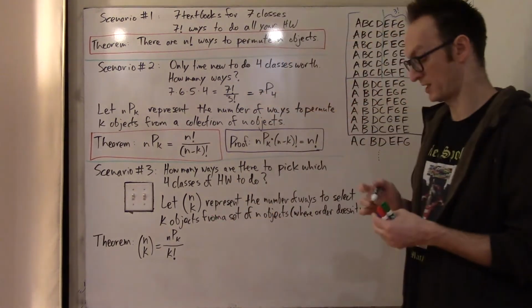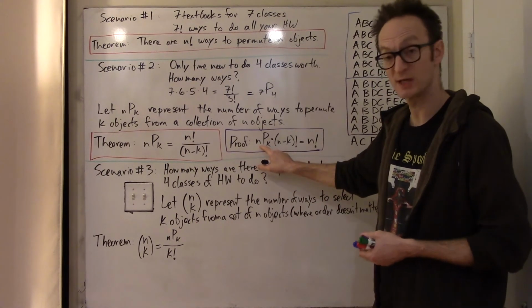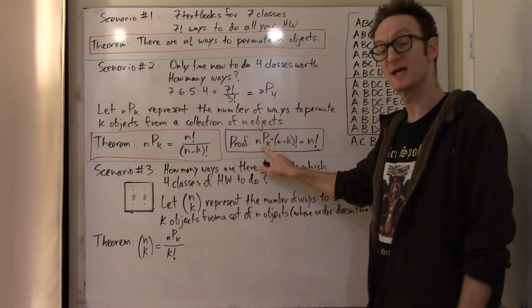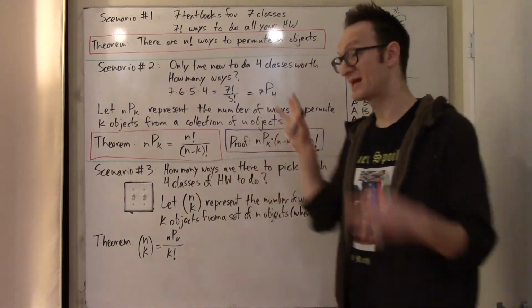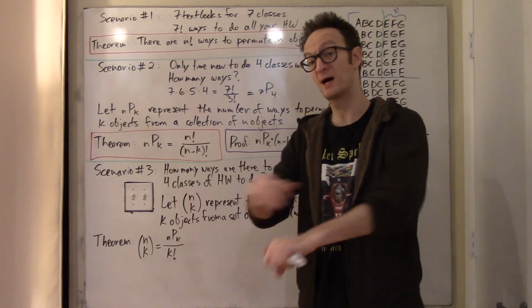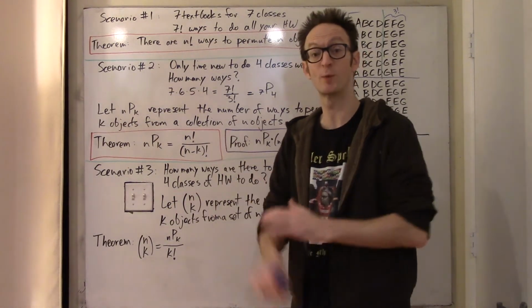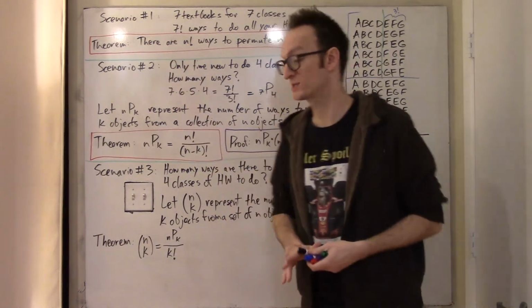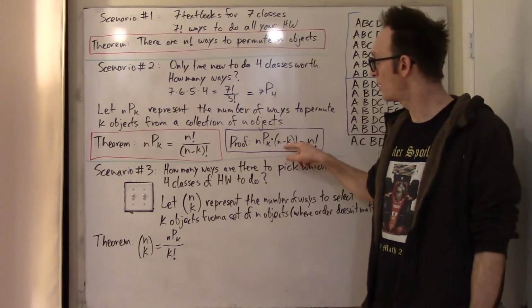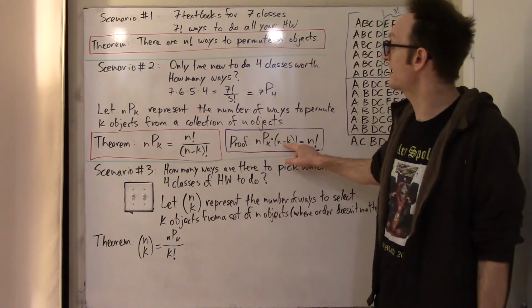So what's going on here? Well, here we have k objects. NPK represents the number of ways to permute k of them. So I'm deciding for my first k classes, how many ways are there to do my homework in k of my classes. And then, just for fun or something, I could also arrange all of the remaining n minus k objects.